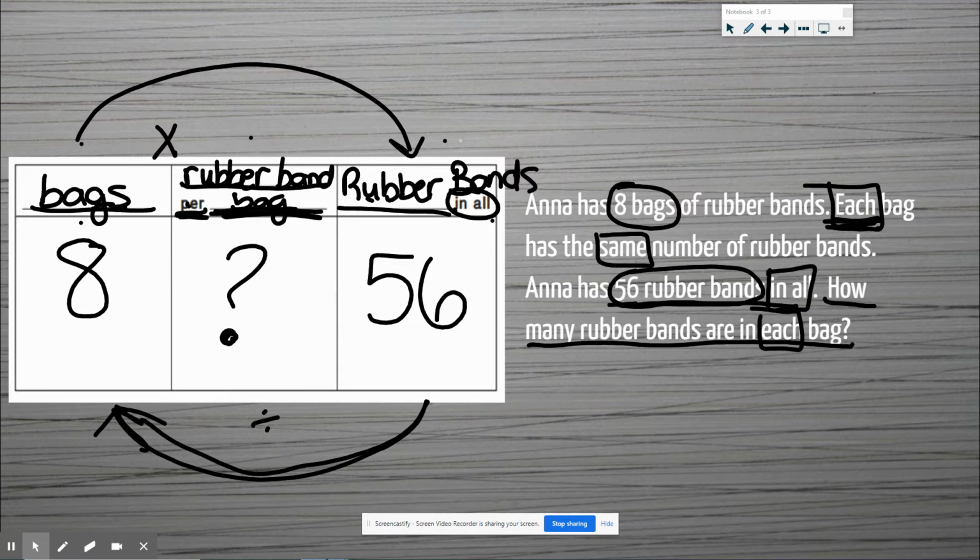Now remember, I told you my little trick. If I know my all, I'm going to work backwards and divide. So my first number sentence could be 56 divided by something equals 8. I also could work forward. 8 times question mark equals 56.